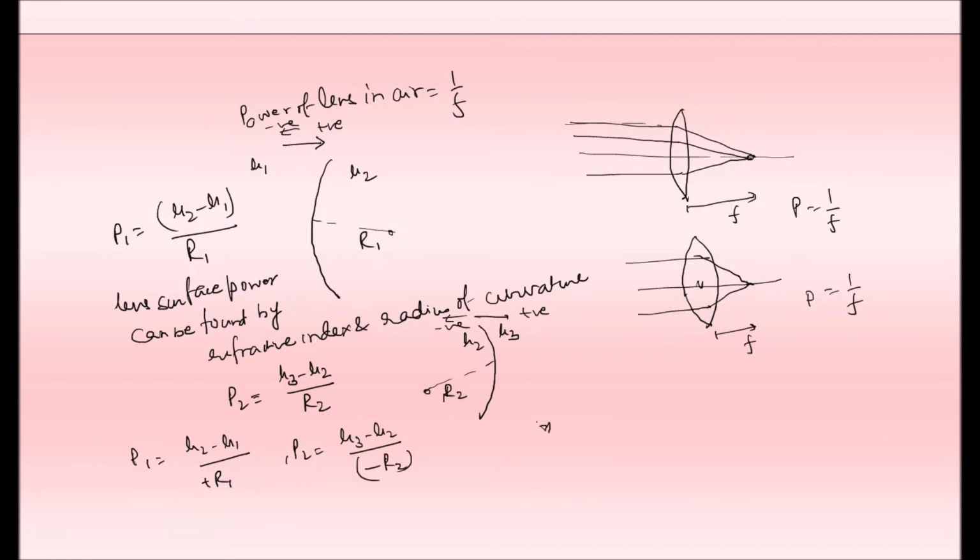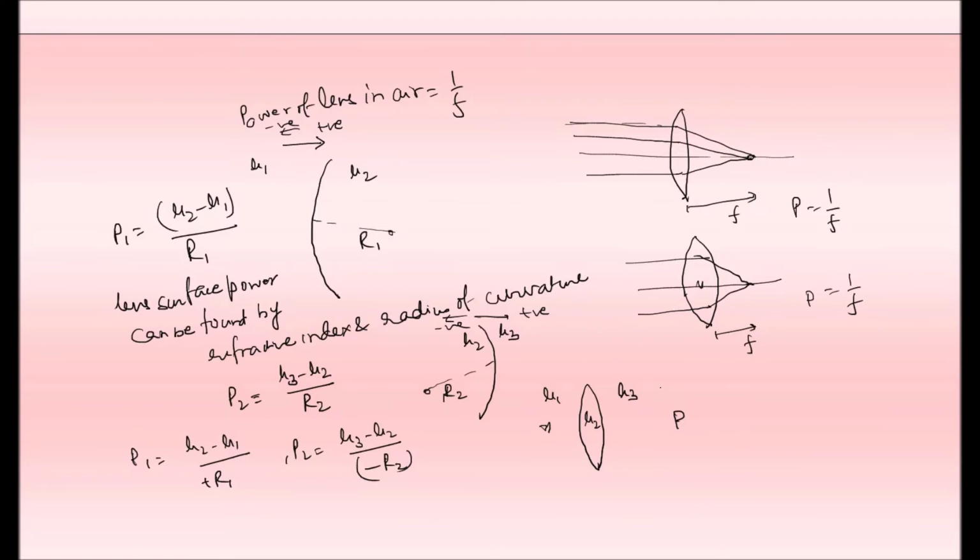Now if we add these two surfaces, then we get a convex lens. So we are adding these two surfaces having the refractive index of medium mu1 and mu3 respectively, and the refractive index of lens is mu2. Then the power is the combination of these two surfaces, and we have to add this P1 and P2 to get the net power.